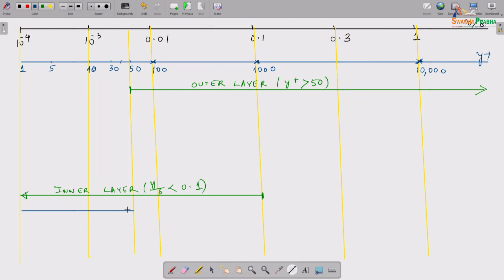This is the viscous wall region, where y plus is less than 50. Then you have a viscous sublayer, which is y plus less than 5.